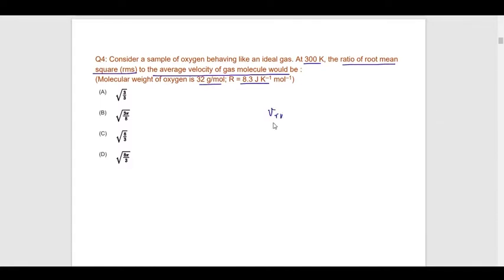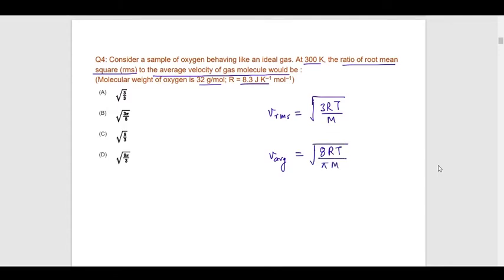The expression of VRMS is root of 3RT divided by M, and the expression of V average is under root 8RT divided by pi M. The question is asking the ratio of VRMS to V average. So VRMS to V average is under root 3 pi by 8. Option B becomes the correct answer.